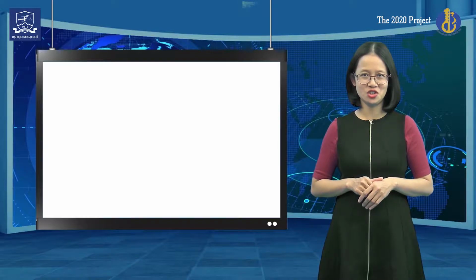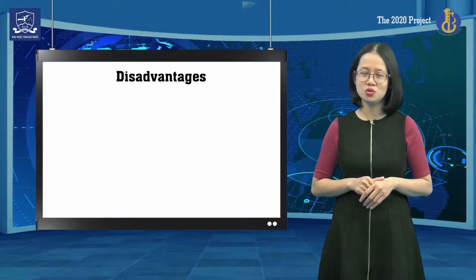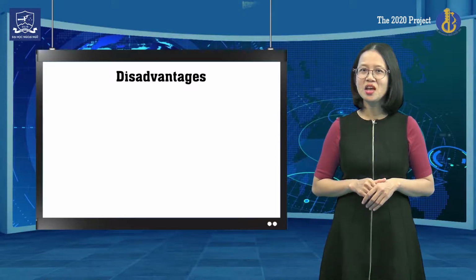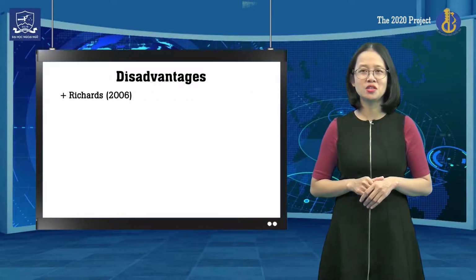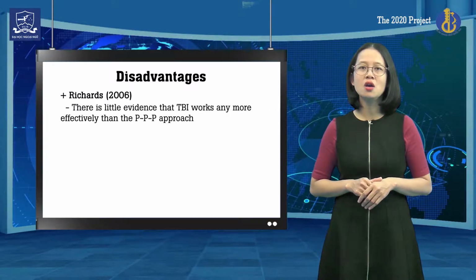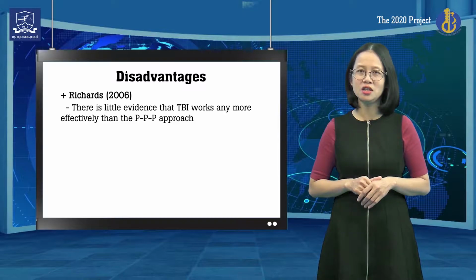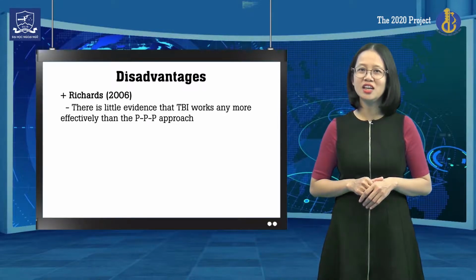Despite numerous advantages, there are issues in implementing a task-based approach. Firstly, as put forward by Research 2006, there is little evidence that TBI works any more effectively than the PPP approach it seeks to replace.